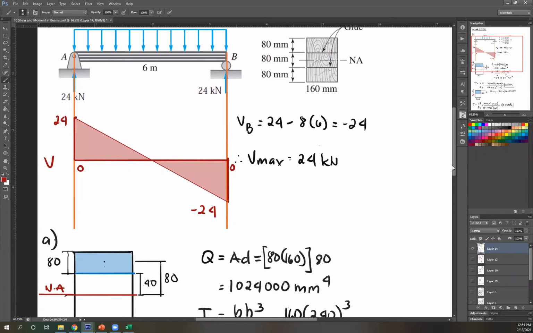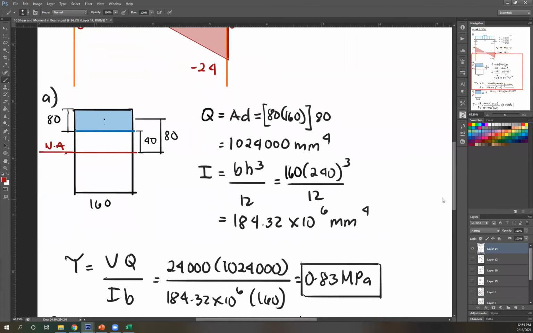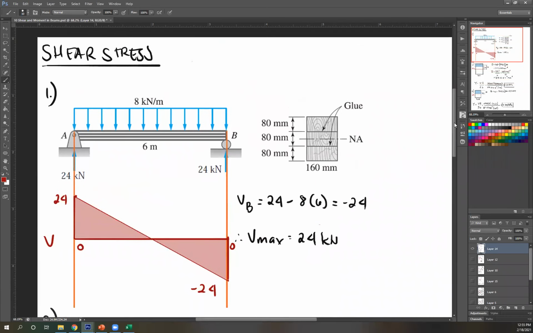Now, we use that for VQ over IB. So V is easy. Again, that's 24 kilonewtons. As you can see, my dimensions are in millimeters again, so convert your kilonewtons to newtons so that the stress I get is in newtons per millimeter squared or MPa.